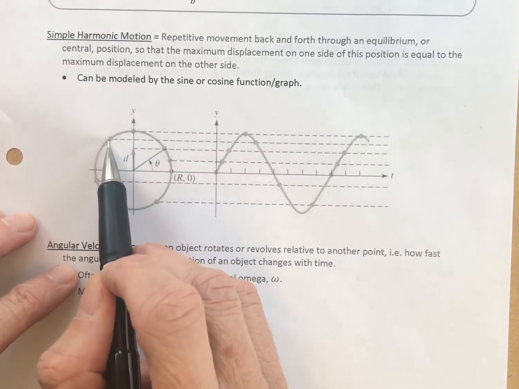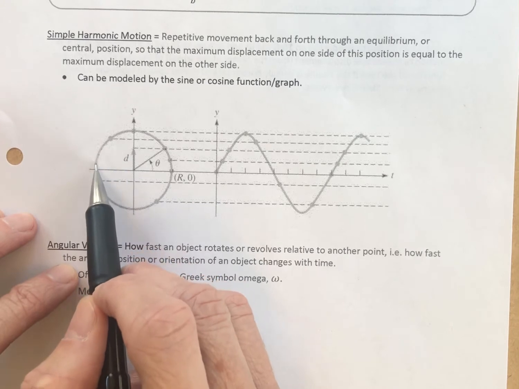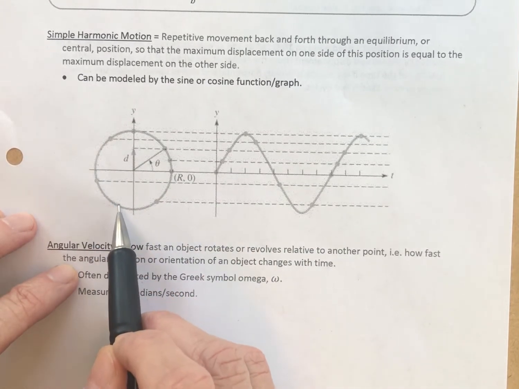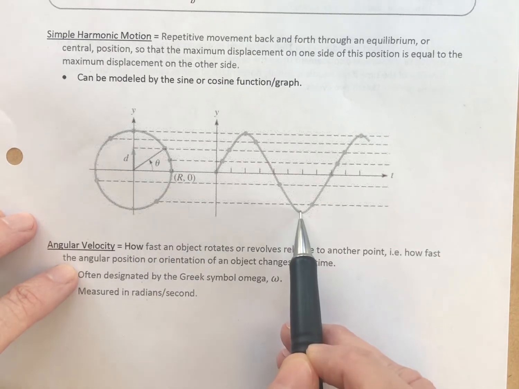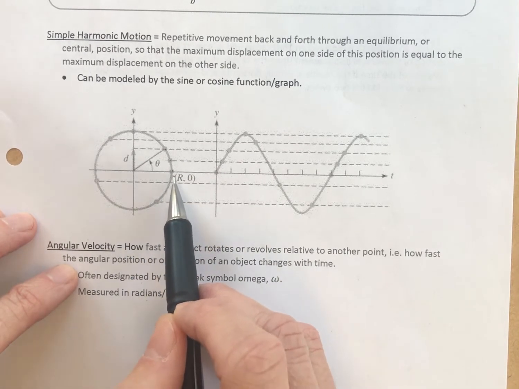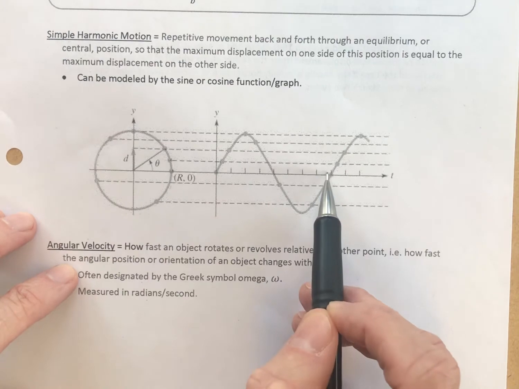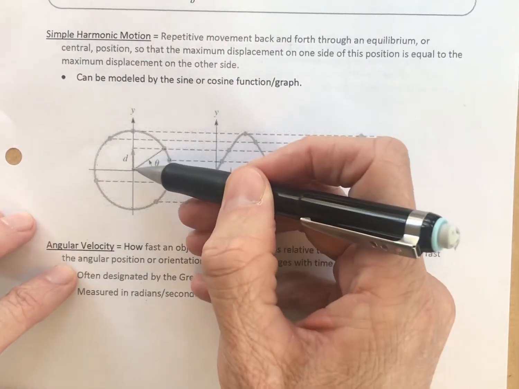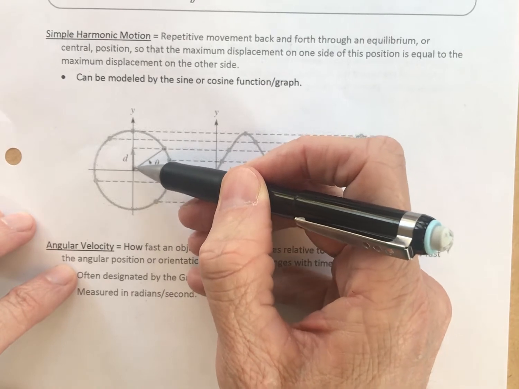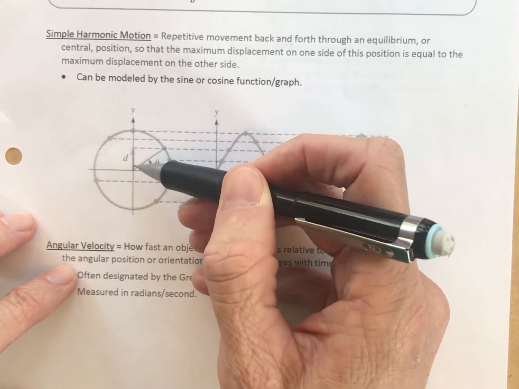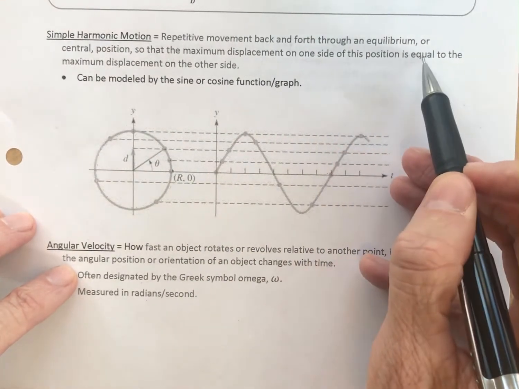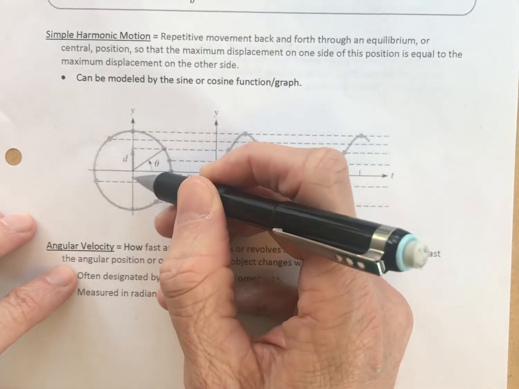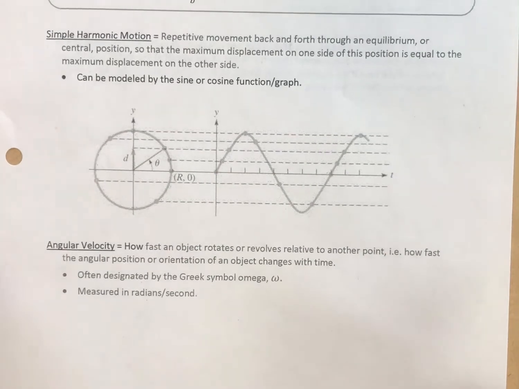And then as time continues, it comes back down to 0 here. And then it goes down to a bottom point here, and then it comes back up to 0 here, and it just continues. So the maximum displacement on the upper side, in this case, the higher side, is equal to the maximum displacement here on the other side, in this case, the lower side.